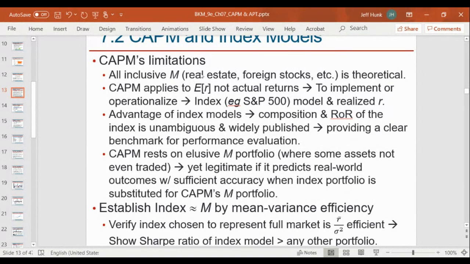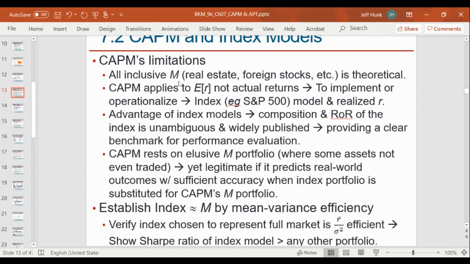We all understand what a market portfolio is, and we are using the S&P 500 as a proxy for the market portfolio. But the theoretical market portfolio is an elusive concept. Why? Because it has to be very broad based, right?